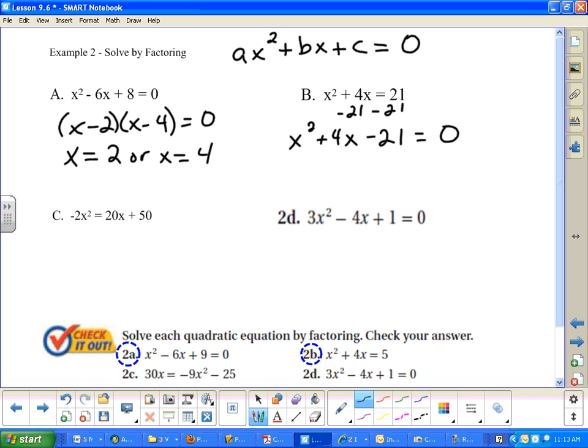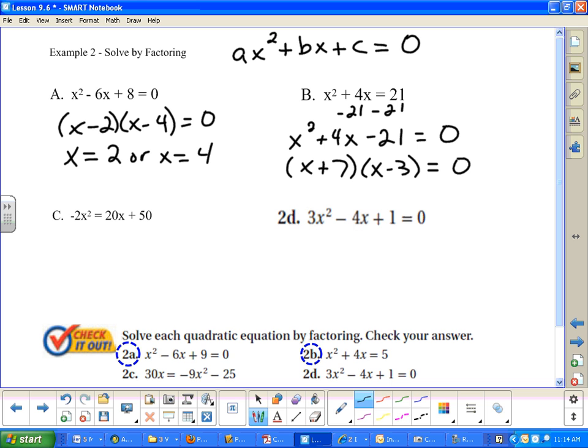Now we can factor that. All right, we have a volunteer who would like to factor that. All right, Natalie. x plus 7 and x minus 3. Very good. Okay. 3 times 7 is 21, and 7 minus 3 is 4.